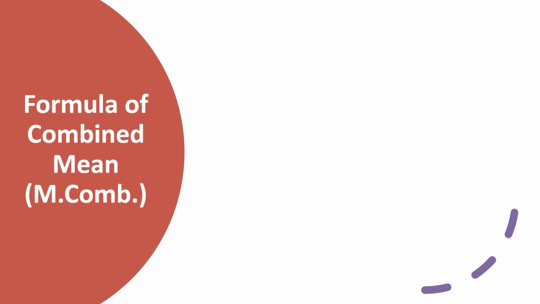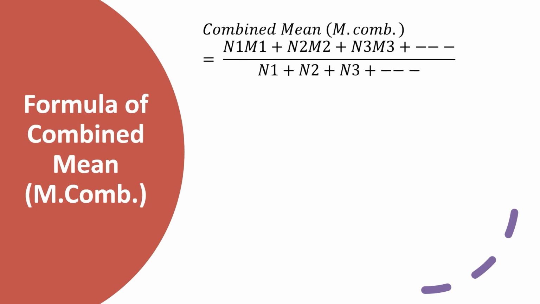The formula of the combined mean, in symbol, is M_com, that is the combined mean. Combined mean is equal to N1 into M1 plus N2 into M2 plus N3 into M3, and it will continue depending upon how many groups there are, divided by N1 plus N2 plus N3.